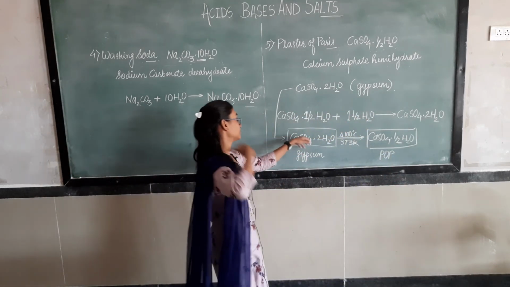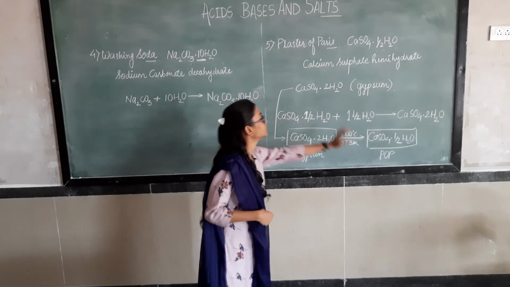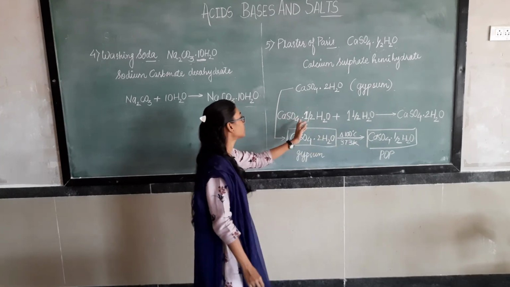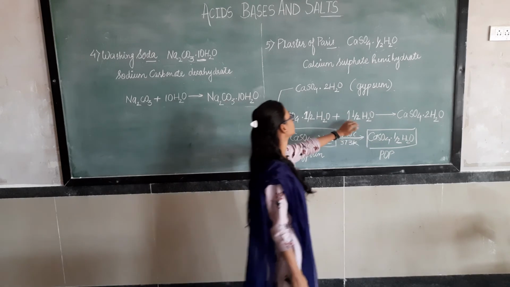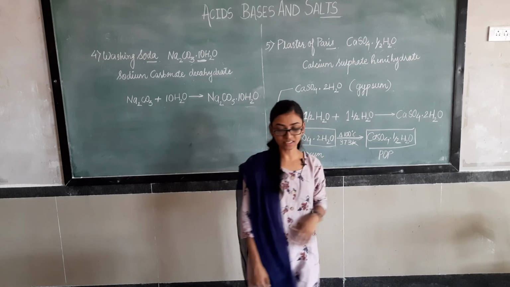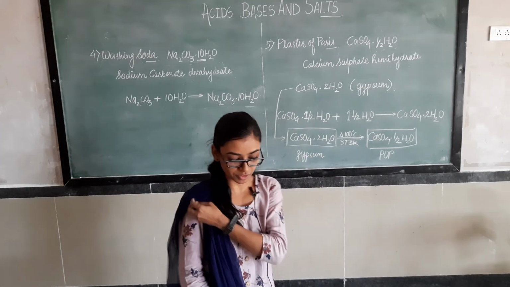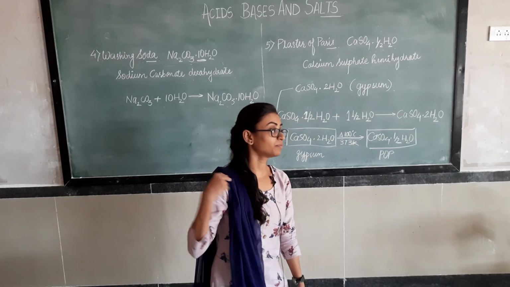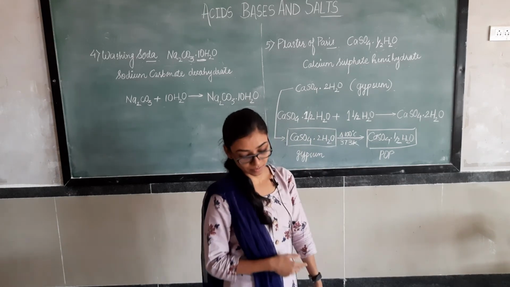So here also see, when this POP is again treated with 1.5 molecules of water, it will again form gypsum. So in this way the conversion of gypsum to POP and POP to gypsum will take place.